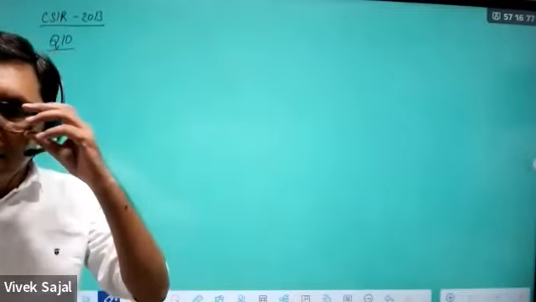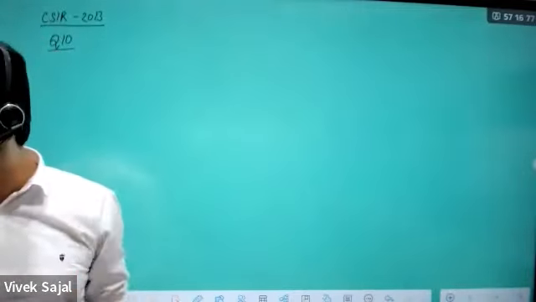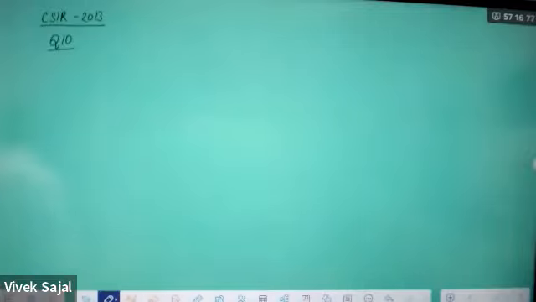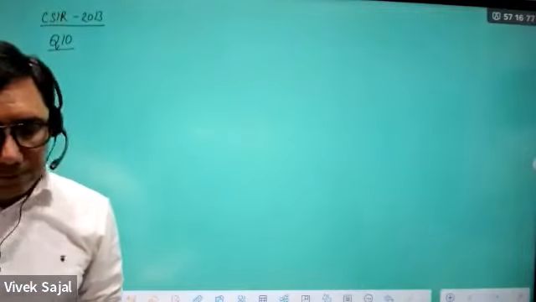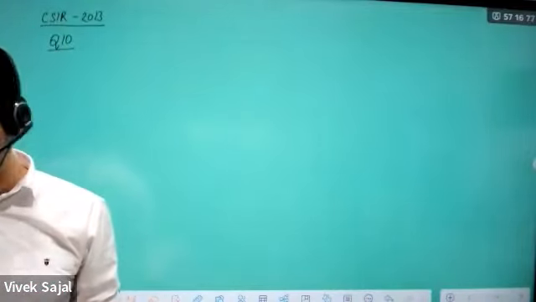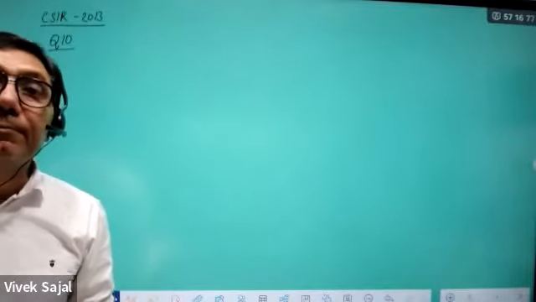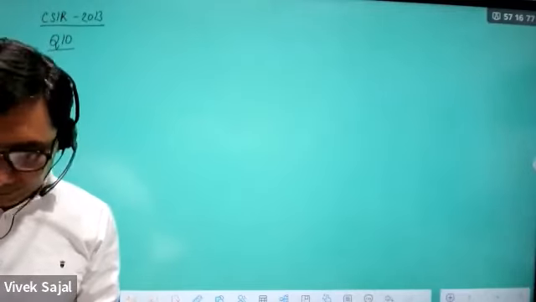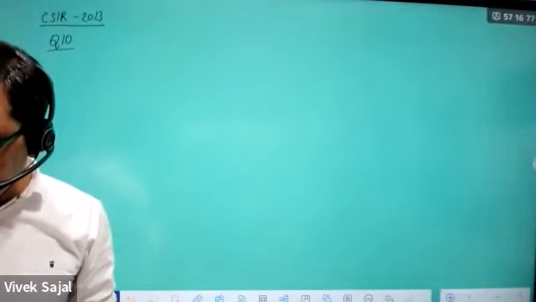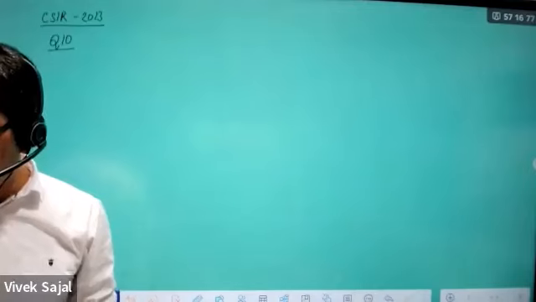This is just the language, otherwise it is simple formula application. Velocity of CB minus velocity of CA upon 1 minus CB into CA by c square.